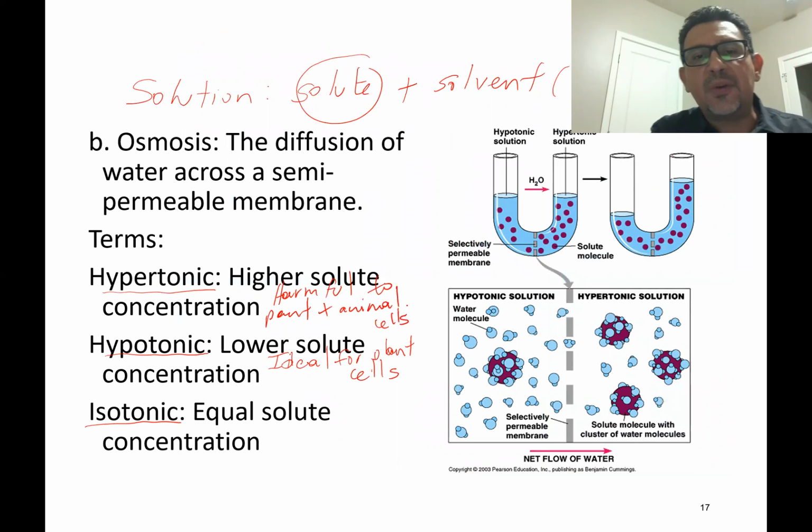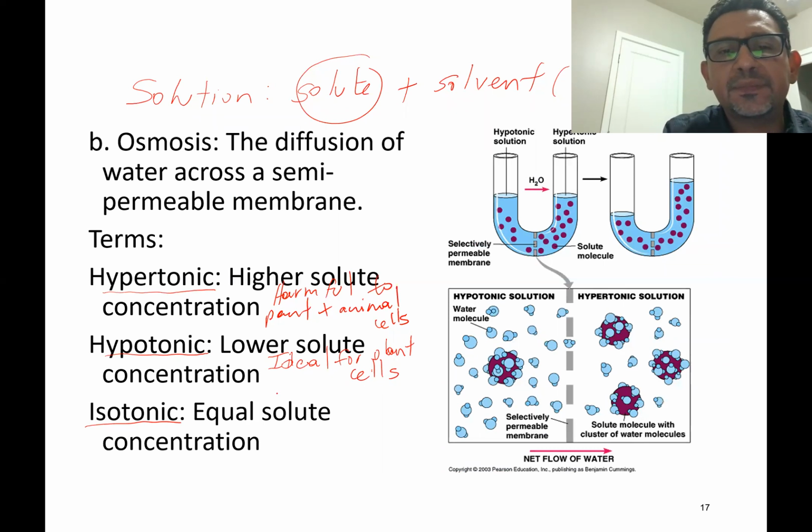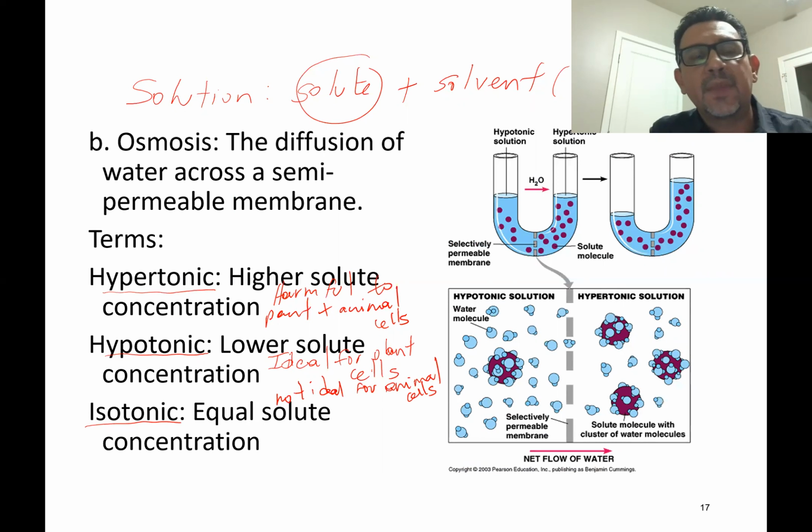So as we look at an account here, hypotonic was good for plant cells, but bad for animal cells. Hypertonic is going to be harmful to both plant and animal cells.